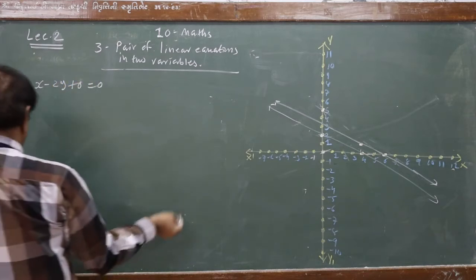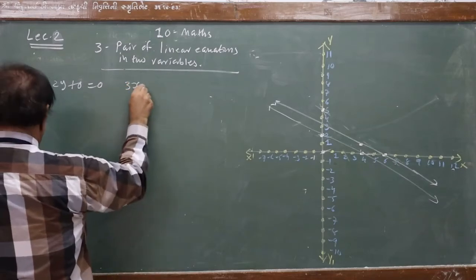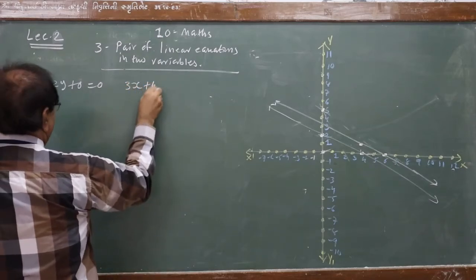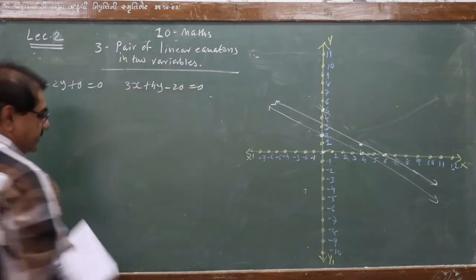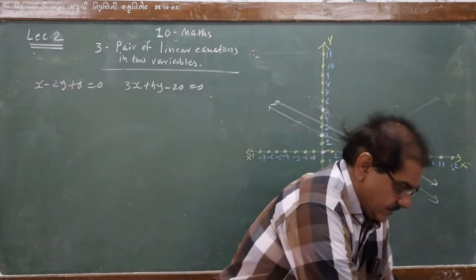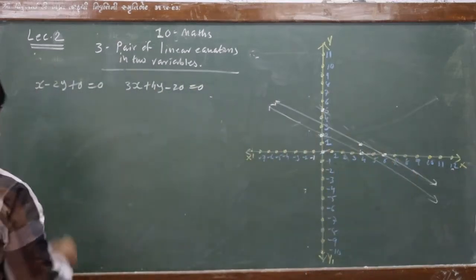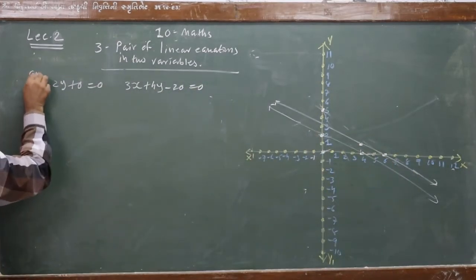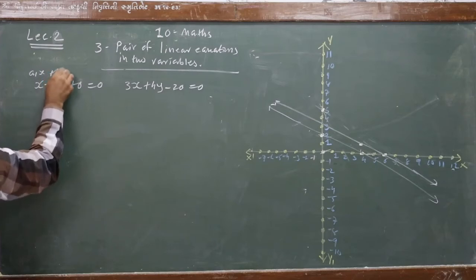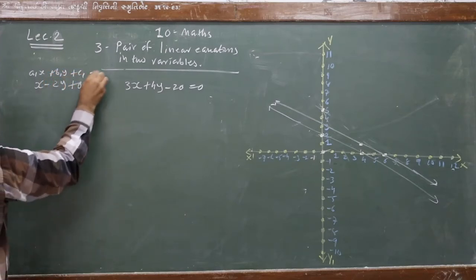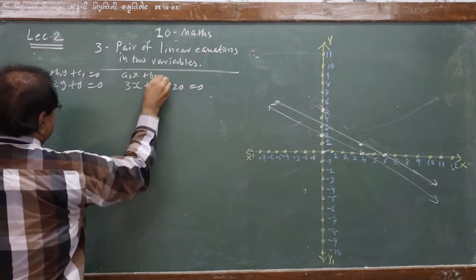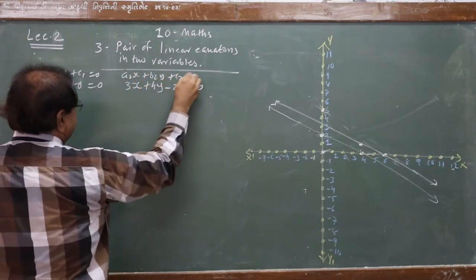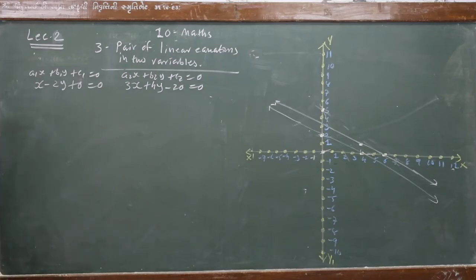And the second equation was 3x plus 4y minus 20 equal to 0. Can you understand this? Now these I compare with a1x plus b1y plus c1 equal to 0, and a2x plus b2y plus c2 equal to 0.